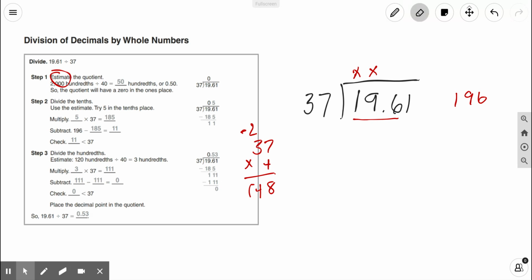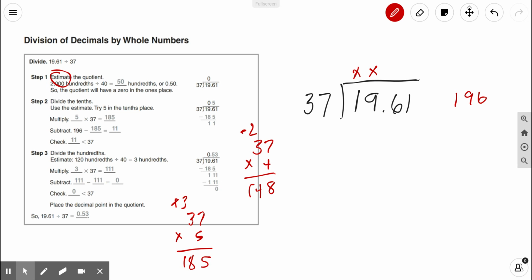So I'm going to find some extra space. I'm going to do 37 times 5. 5 times 7 is 35. 5 times 3 is 15. Plus 3 is 18. Now 185 is pretty close to 196, so I'm going to use it.